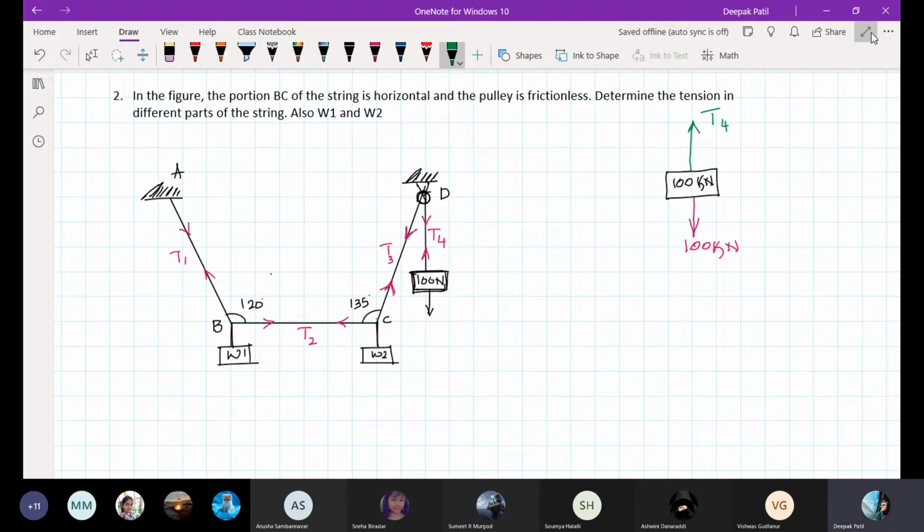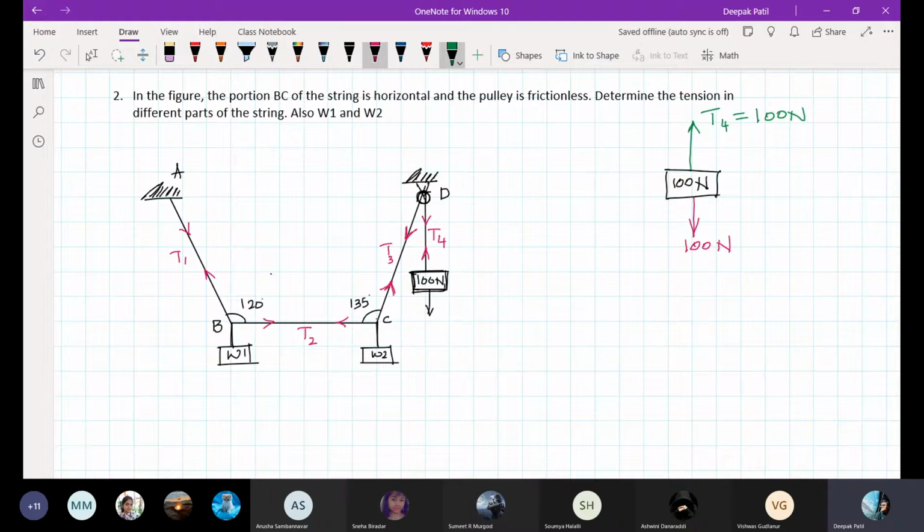Just think it is 100. No, sorry, it is not kilonewtons. I'm sorry, it is actually newtons. It is given in terms of newtons, you can see here. What will be the value of T4 in terms of newtons? T4 is equal to 100 newtons. Yes, perfect. T4 is also equal to 100 newtons.